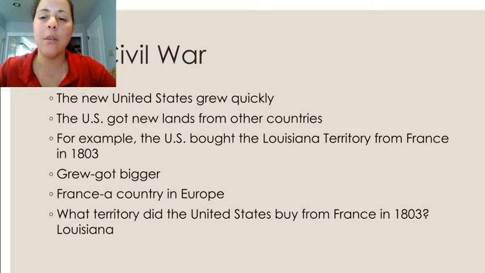So the United States grew quickly, and the United States got new lands from other countries. Which land did they get from other countries? For example, the United States bought the Louisiana Territory from France in 1803.